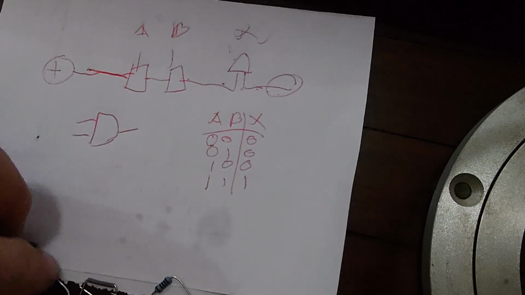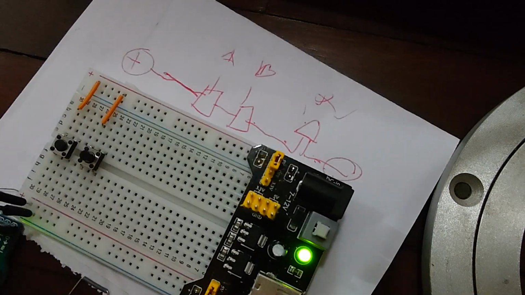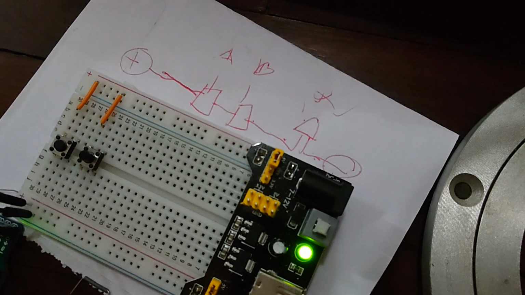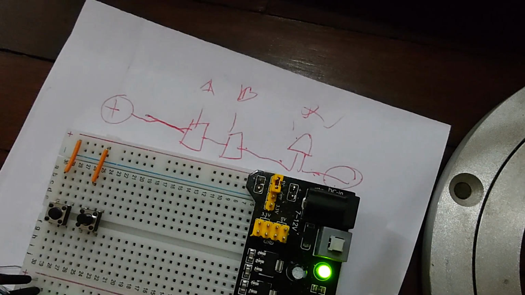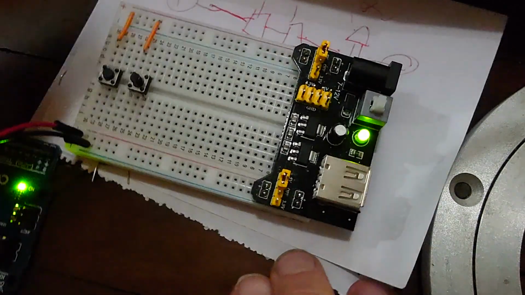Alright, let's see. So this is our A and B we're making first of all. Let's see if we can find the correct resistors and stuff, because I've slightly muddled them up. Oh, I'm missing one. Okay.